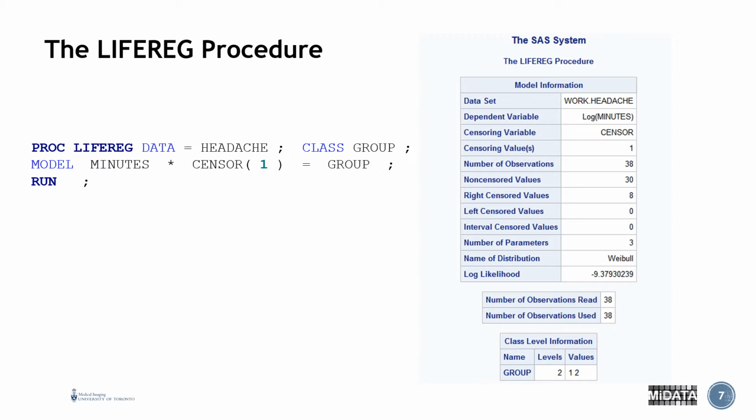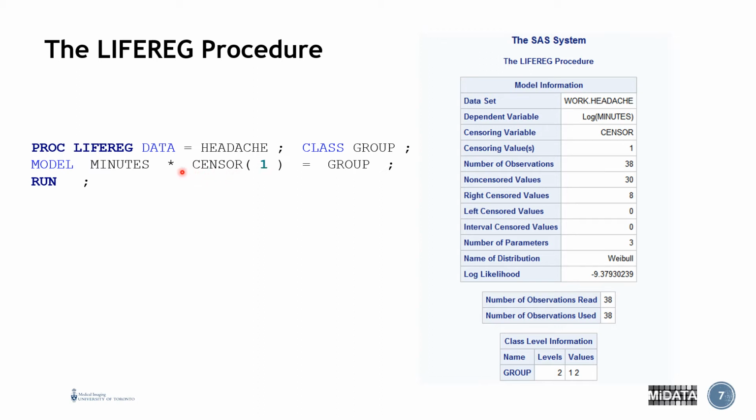And inevitably, you will recognize immediately that it looks very much like PROC GLM, PROC General Linear Model. And for good reason, because we are performing regression. Now, there are a few differences, and one is your outcome is, of course, minutes, so your time in minutes, but you need to tell SAS whether or not for each subject, whether they were censored or not.